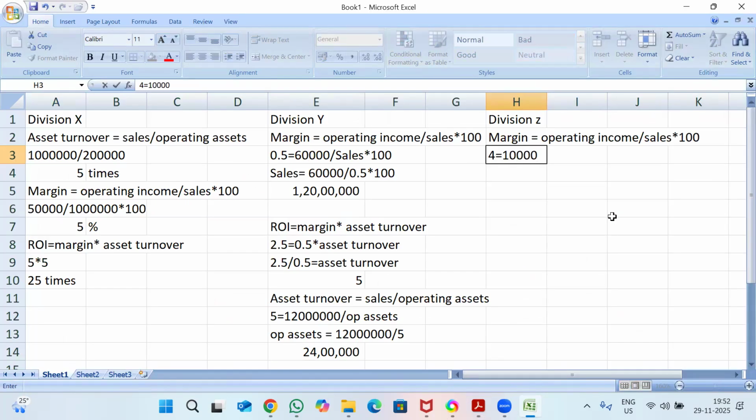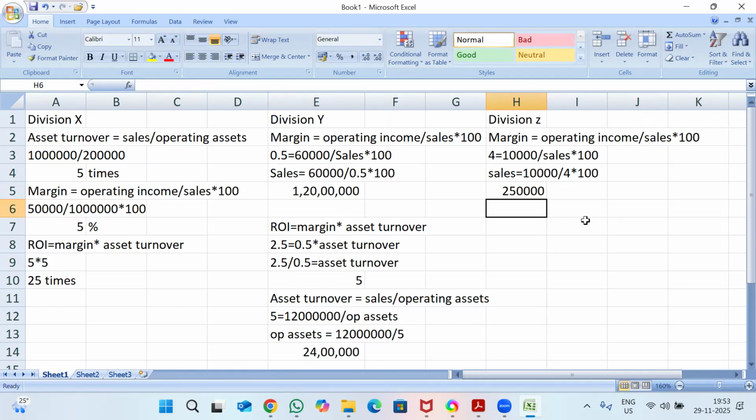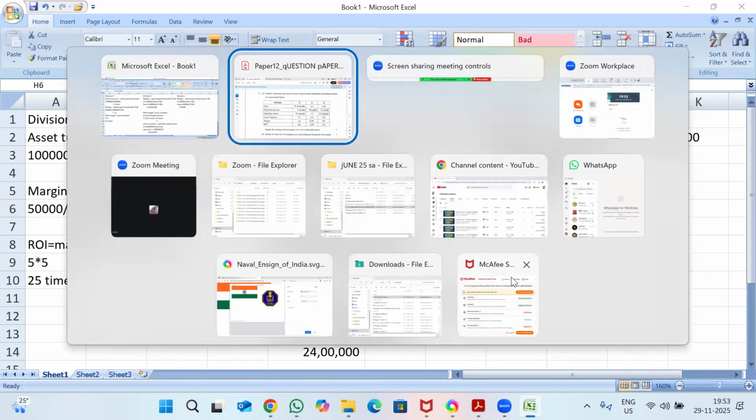Sales I don't know, divided by sales into 100. So sales is equal to 10,000 divided by 4 into 100. My sales will be 2 lakh 50,000. So that's it. We have calculated all seven pieces of information for all three divisions.